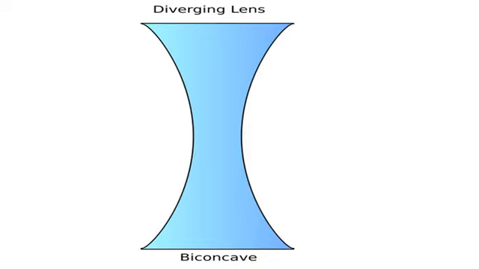Students, this lens also diverges the rays that pass across it. Hence, it is also known as a diverging lens. You can see the two curved surfaces are curved inward.